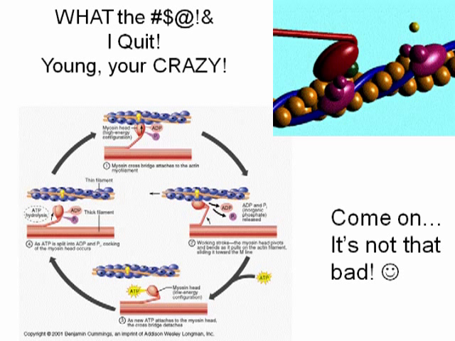Acetylcholine is released within the neural junction, that neural space. It diffuses across, down into the sarcolemma, where it's going to penetrate into the sarcolemma. It's going to force the opening of sodium channels down within the myofibrils.